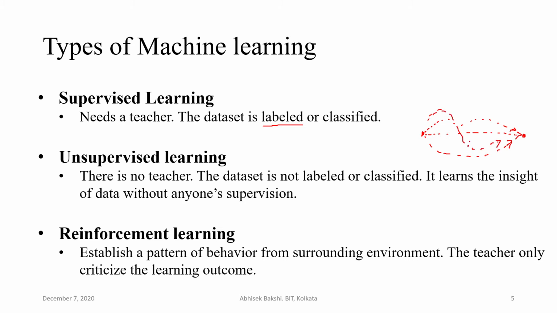But the baby will consider this one. Why? Because it takes a lesser amount of time. But how will the baby understand? The baby doesn't have any idea. The child doesn't know the time taken to go in this direction.